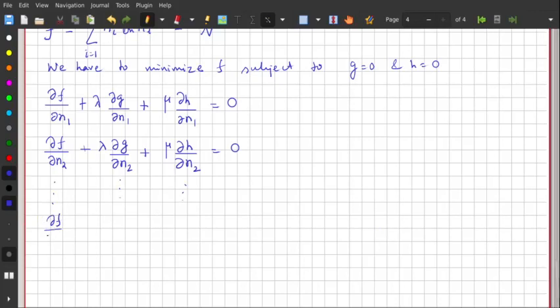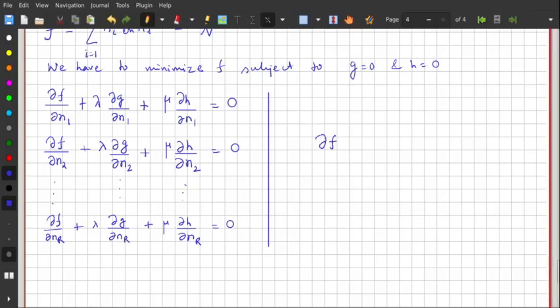Partial f partial nr plus lambda partial g partial nr plus mu partial h partial nr equals 0. Okay, if you see, there is a common pattern among all these constraint equations, so we can write a general version of these constraints.